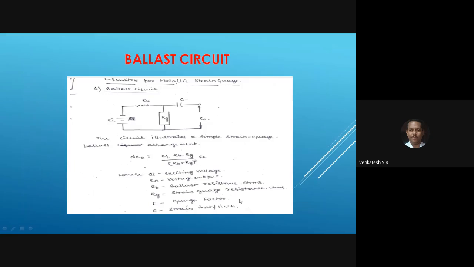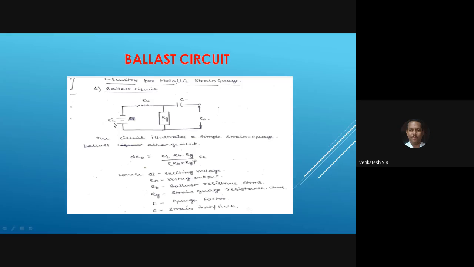Next, come to the point: the simple electrical circuit used for measurement of resistance. This is the ballast circuit for measurement of resistance.